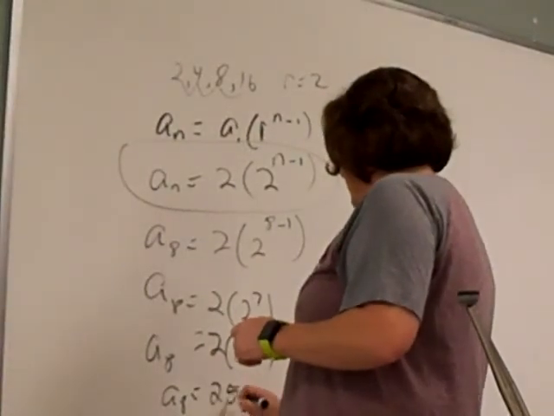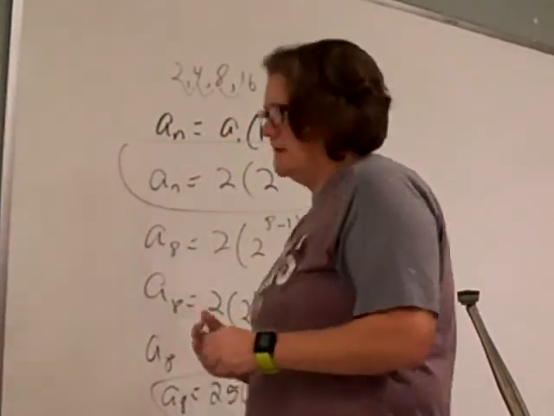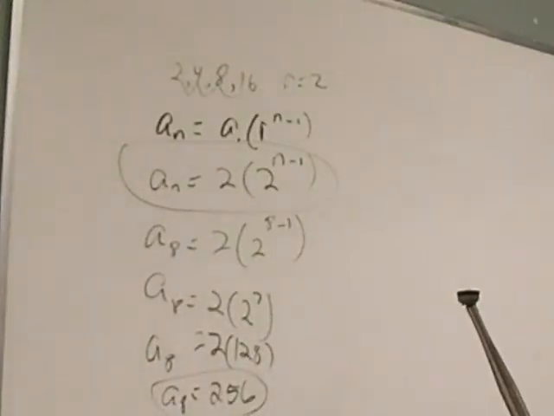So our 8th term would be 256. So for your number 5 answer, you would have both of those things that I've circled there. The equation and then 256.